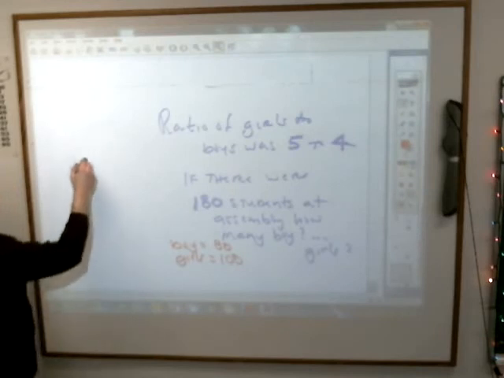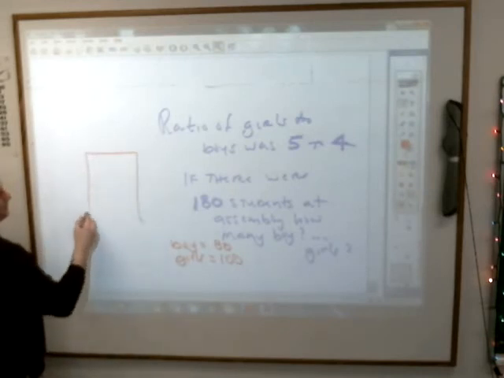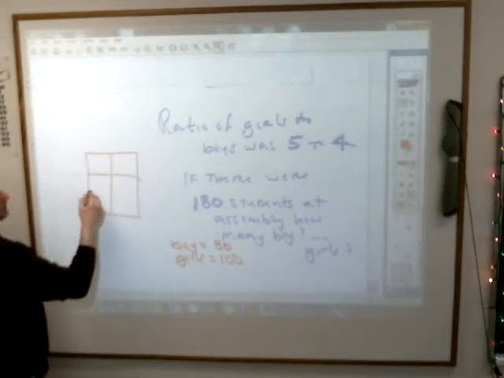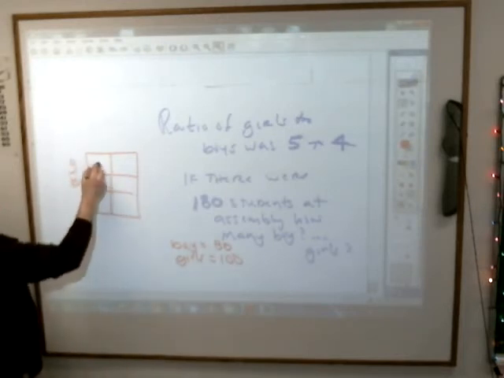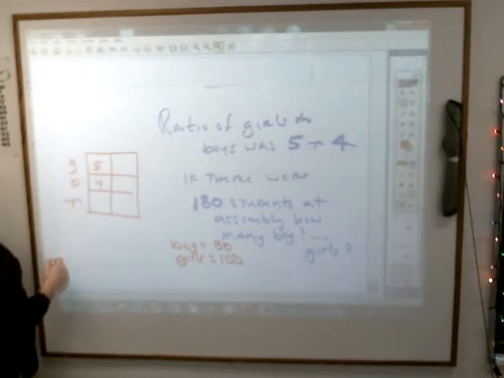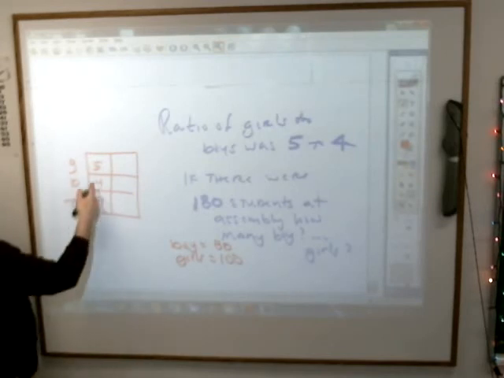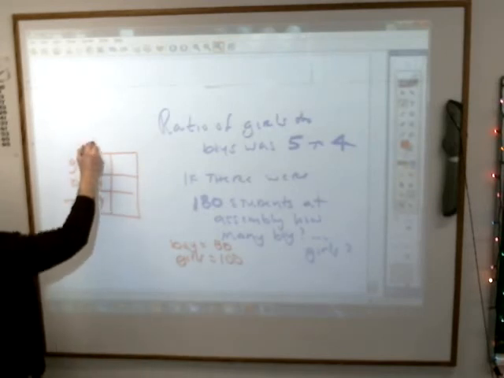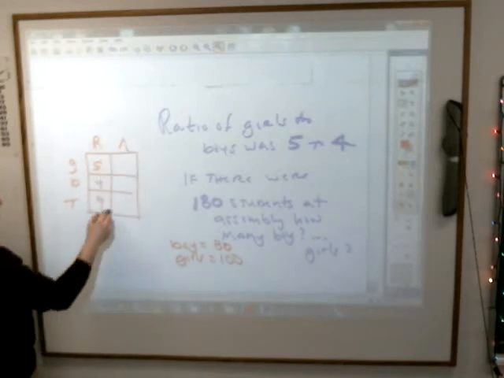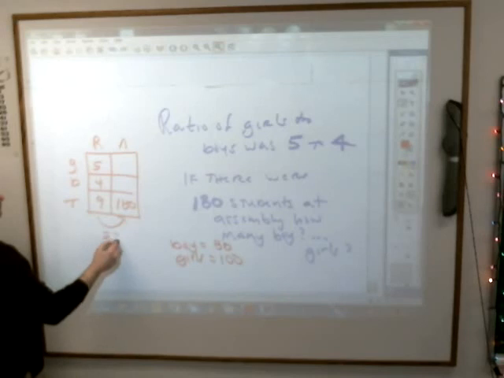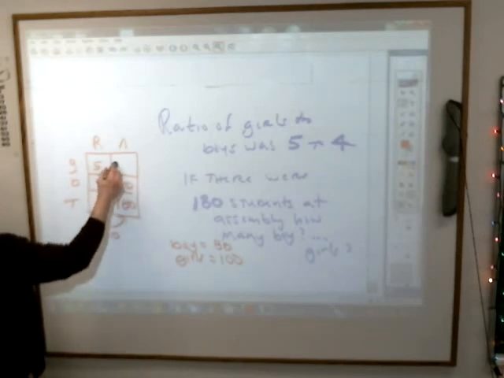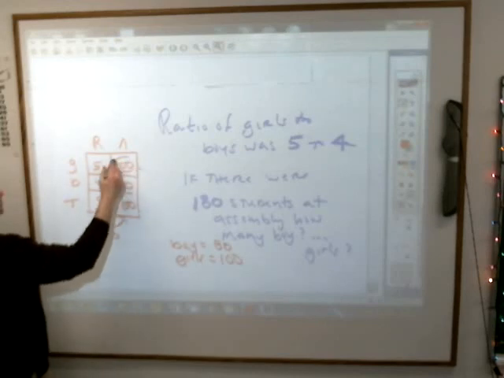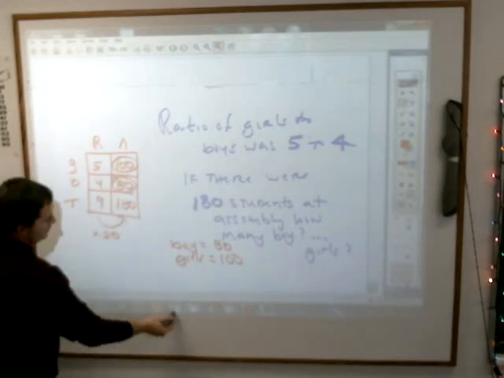If I'm doing the ratio box, I am comparing girls to boys. It was 5 to 4. My total is 9, adding 5 plus 4 together. Actually, there were 180 here, so 9 times what is 180? You have to multiply everything by 20. 4 times 20 is 80 for boys, and 5 times 20 is 100 for girls.